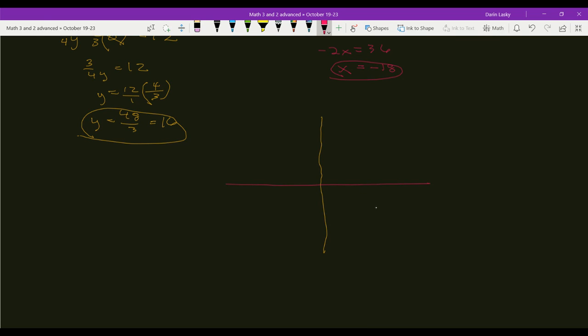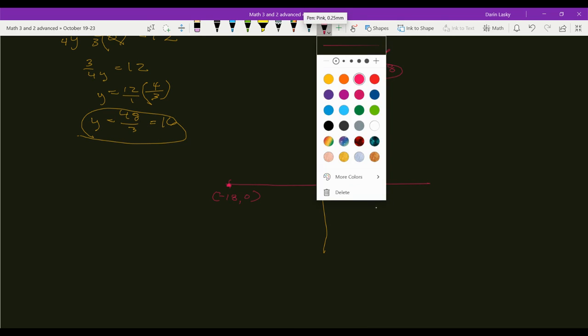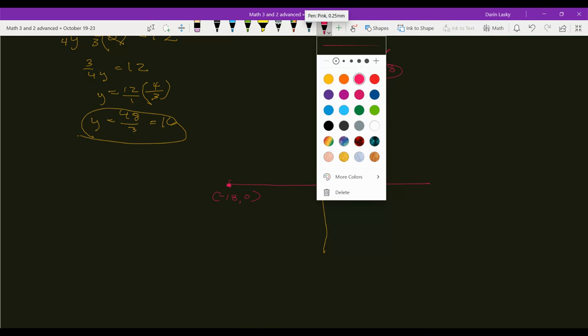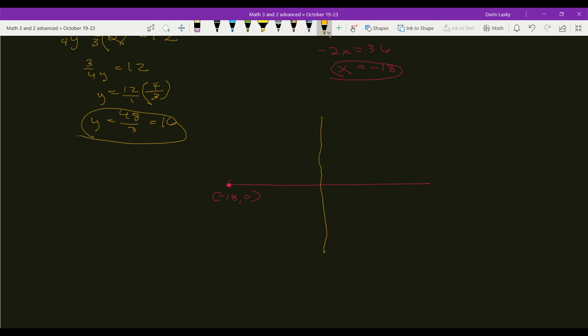I'm going to go out. I'm going to go down to negative 18. So we'll just say that's negative 18 right here, because that's negative 18 and 0. And then I'm going to go up to 16, which is going to be right about here.